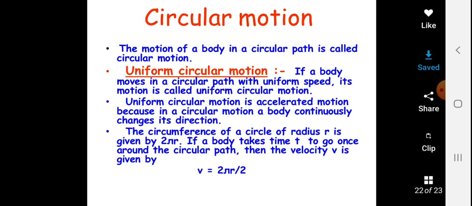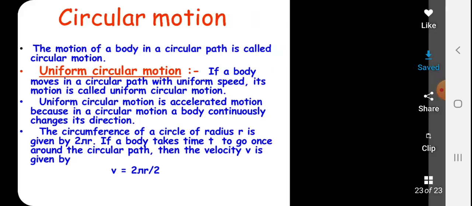The circumference of a circle of radius r is given by 2 pi r. If the body takes time t to complete one round of the circular path, then the velocity v is given by v is equal to 2 pi r upon t.